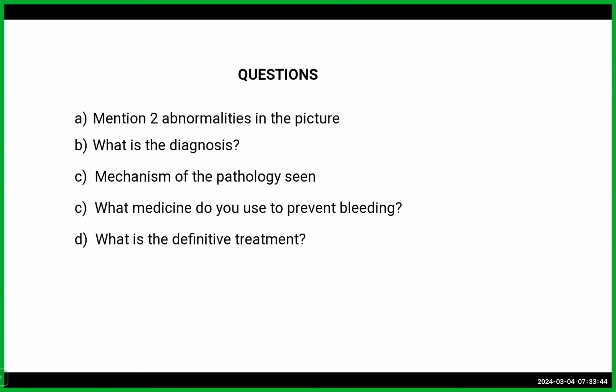Okay, so then they see the mechanism of the pathology scene. So this is varices, and basically there's increased blood flow through the portal system, and then there's probably resistance from the outflow most of the time, and then nitric oxide is the key there.